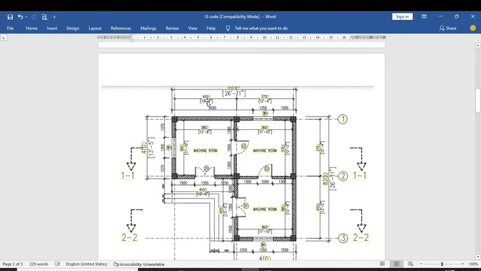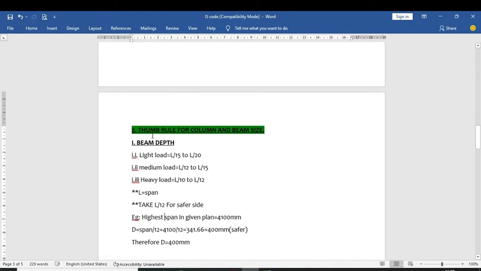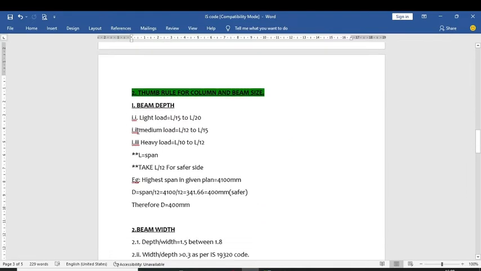As you can see in the plan, the first span is 4100, here 3750, and here also 4100, and so on.